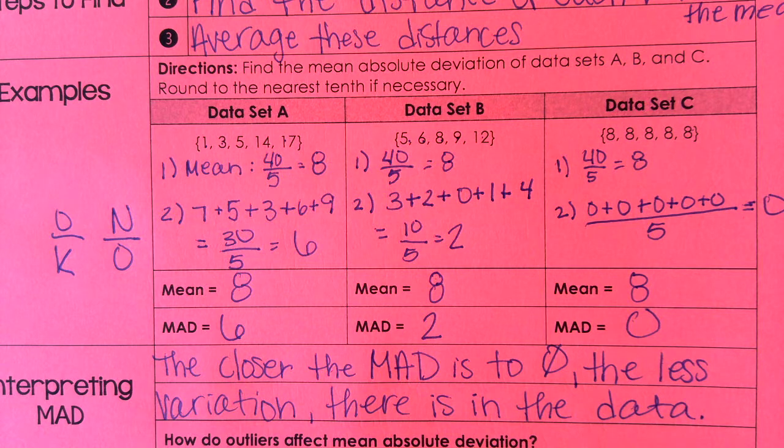But if you look at data set A, I would take 17 minus 1 to get 16. That's a pretty big range of numbers, and that's the biggest MAD I have. So the closer your numbers are, the closer your MAD's going to be to 0. Any questions? Okay.